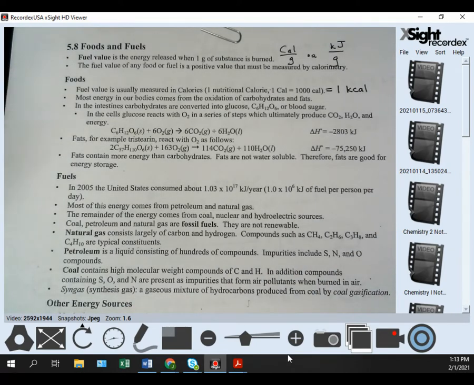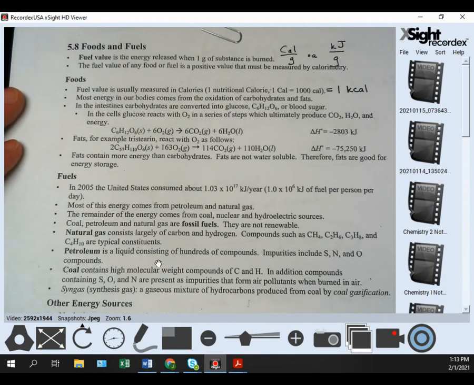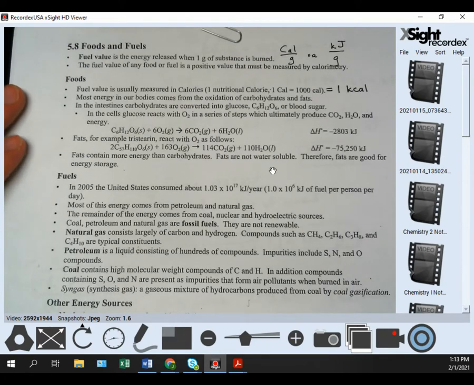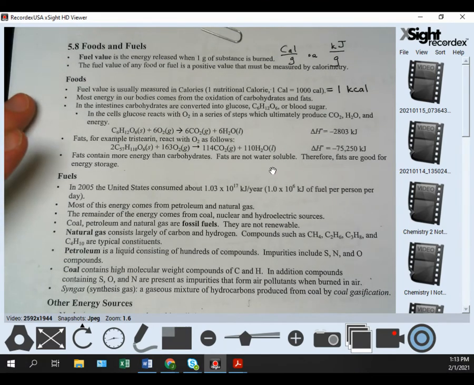What happens is the substances have impurities in them that contain other elements as well, like sulfur, nitrogen, oxygen. And some of the byproducts of the combustion with those things in it are what leads to different forms of air pollution.